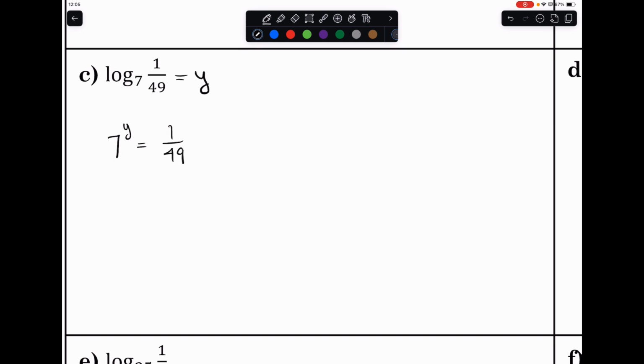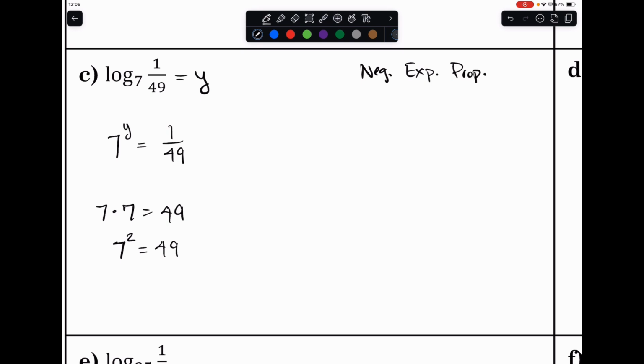Okay. Now the key thing to focus on here is this number 49. I know that 7 times 7 equals 49. So that means that 7 to the positive 2nd power equals 49. But since I want the reciprocal of that, 1 over 49, well, I have to recall my negative exponent property.